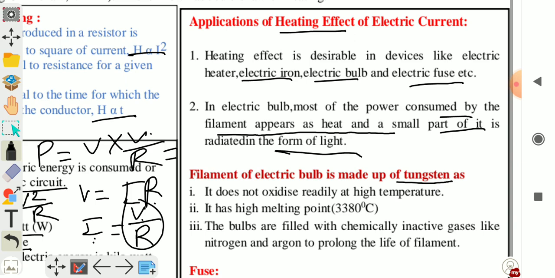Why? Because it does not oxidize readily at high temperature and it has high melting point, that is 3380 degrees Celsius. The bulbs are filled with chemically inactive gases like nitrogen and argon to prolong the life of the filament.